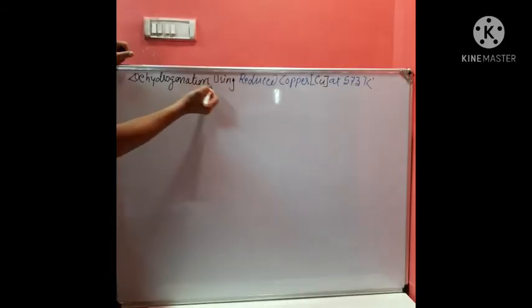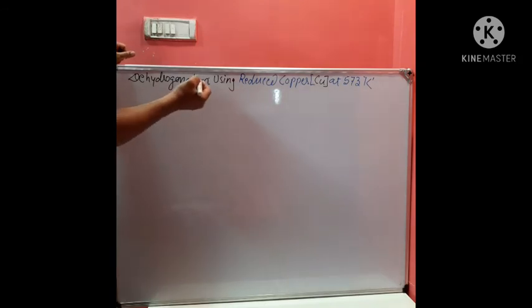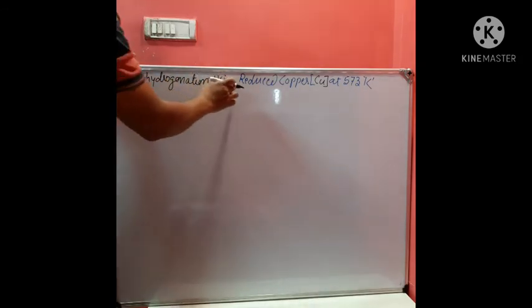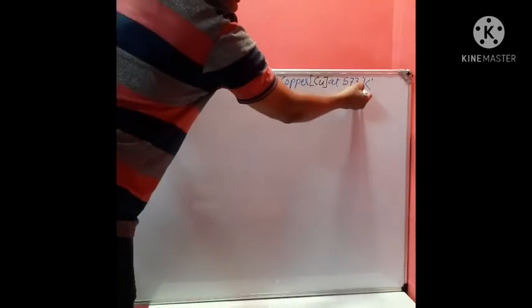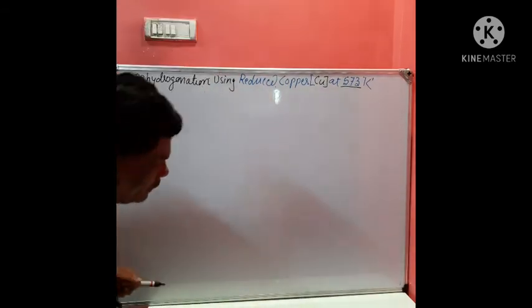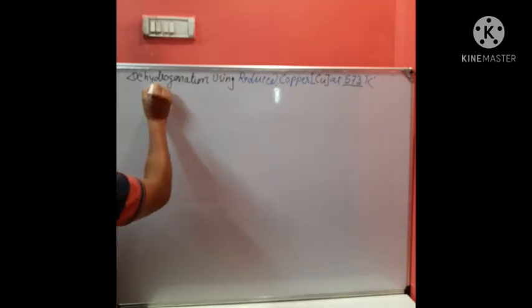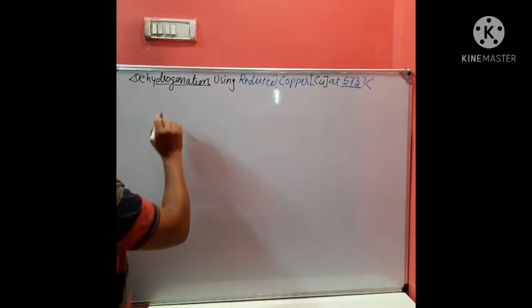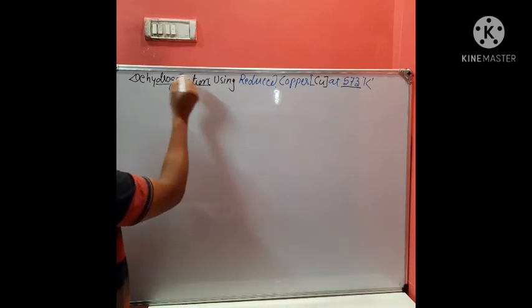Student, one more dehydrogenation reaction of alcohol is there, which is called dehydrogenation, using reduced copper at 573 Kelvin temperature. Student, repeatedly I am telling you that you must focus on the name of the reaction, that is the title of the reaction: dehydrogenation, not dehydration.